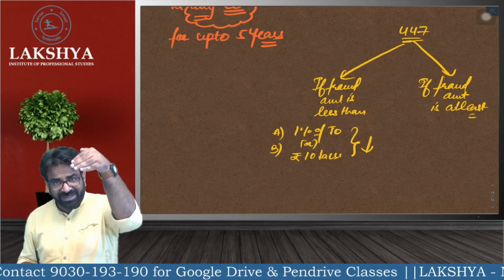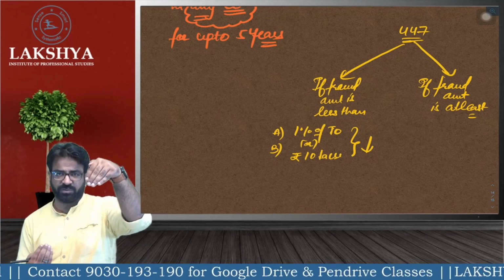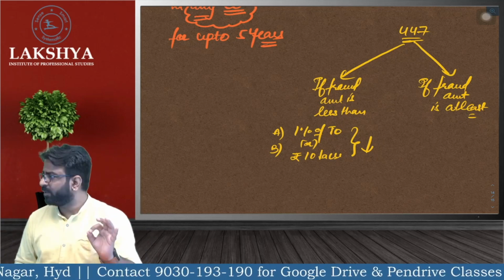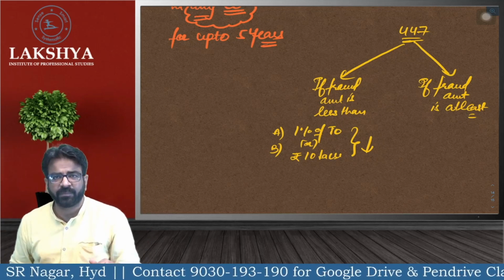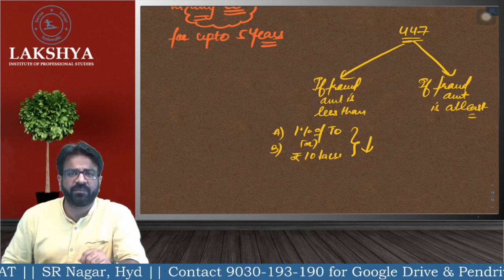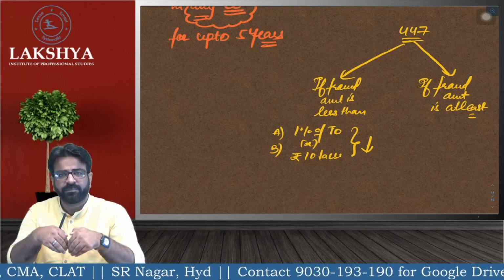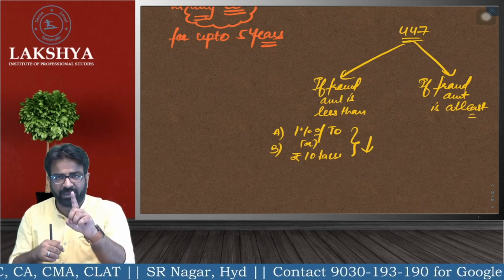If the fraud amount is less than that lower figure also, remember one thing: fraud amount 20 lakhs, turnover 1 crore. What is 1% of 1 crore? 1 lakh. 1 lakh or 10 lakhs, whichever is lower, 1 lakh. Am I correct or not?